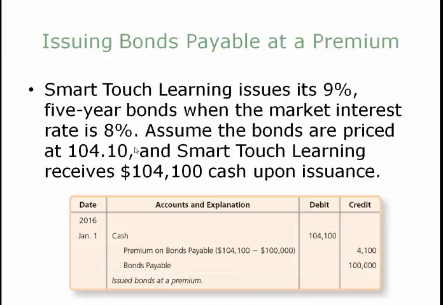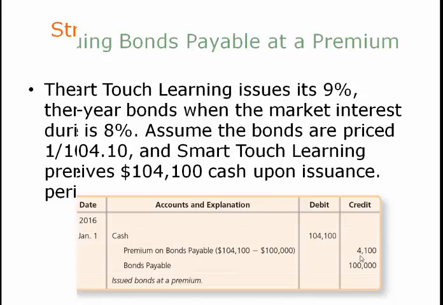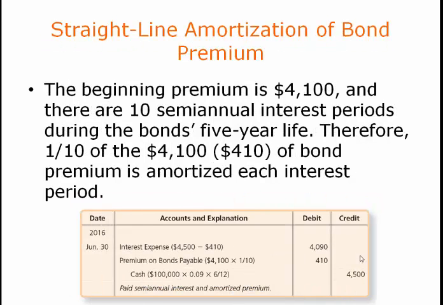They're going to take the 104.10, multiply it times 100,000, and you get $104,100. So when Smart Touch issued these bonds, they actually got $104,100 in cash. And what they did is they credited bonds payable for $100,000, and they credited premium on bonds payable $4,100. And if we follow this straight line method again, we're going to take the 4,100 divided by 10, and it's going to give us $410.